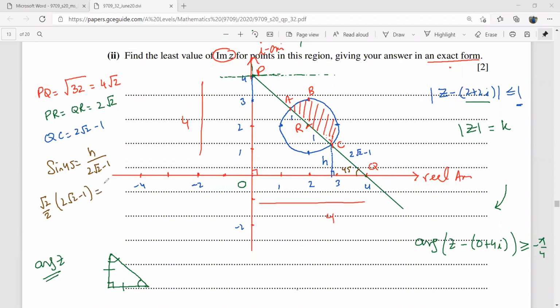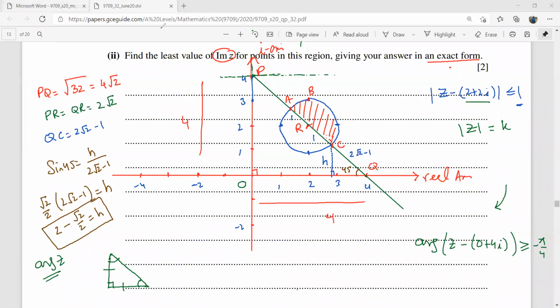You can get this value from the calculator as well. So this is going to be 2 minus, yes, 2 cancel. So this is going to be 2 minus under root 2 over 2. So that is the least value of this imaginary part of z.